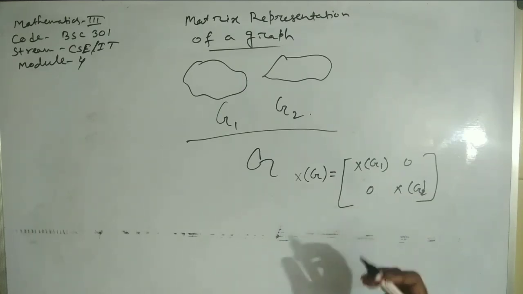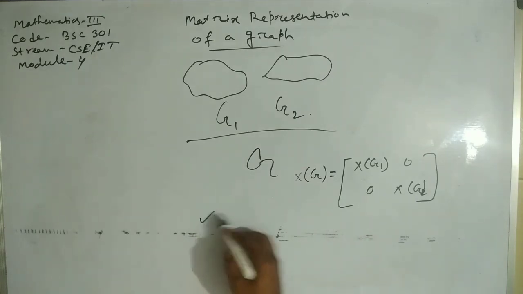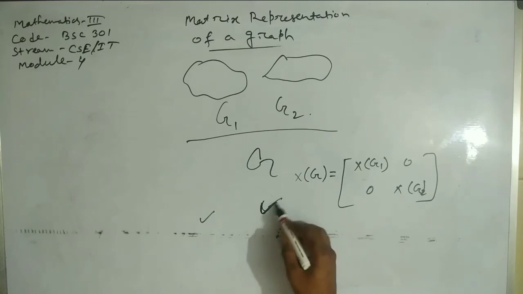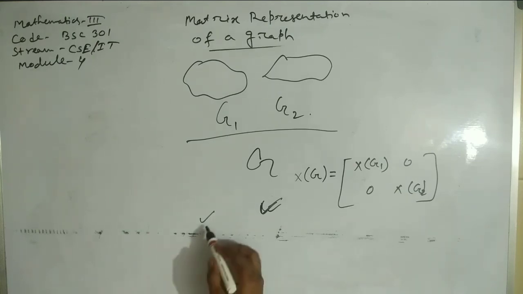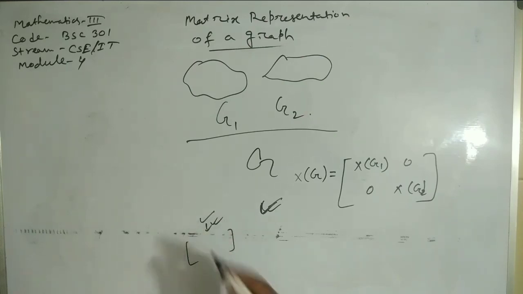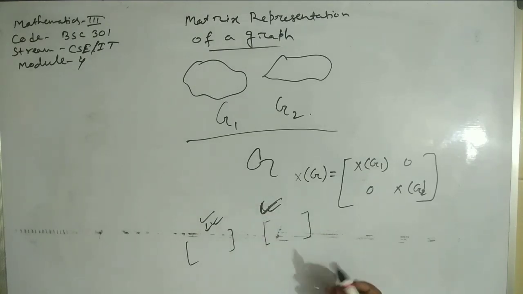Another application of matrix representation is, if you are given two graphs and they are isomorphic, to prove the isomorphism between them, you can use the matrix representation of the graph. Suppose you write the adjacency matrix of the first graph, then you write the adjacency matrix for the second graph.